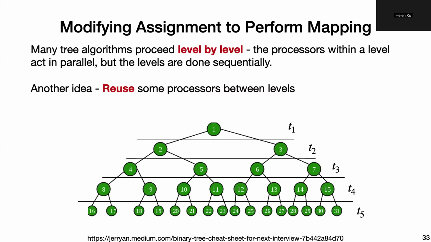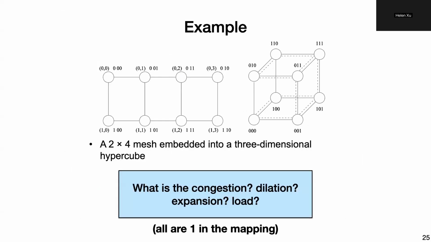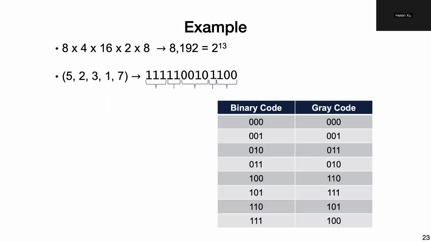The questions are of this form, where either you have a mesh index and you need to compute the hypercube index, or you have a hypercube index and you need to compute the mesh index, and you do it through this bit manipulation. One thing that can be confusing is the direction that you're trying to go. So just be careful which way is binary to gray and which way is gray to binary.